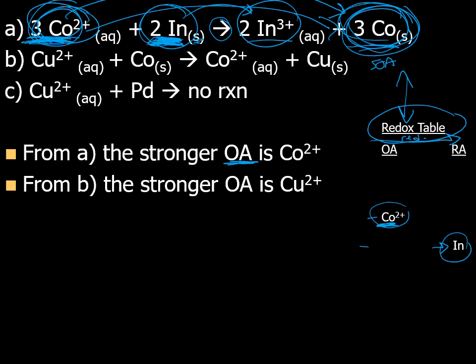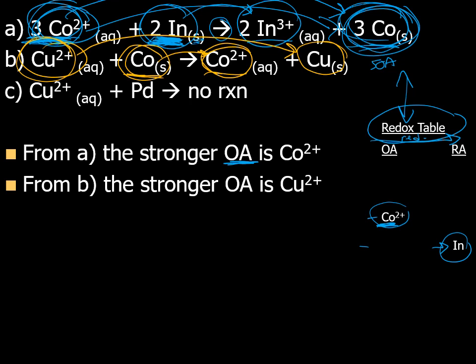From the next one, let's look at this copper 2+ and cobalt itself. You put them together, and it turns out that the copper will take the electrons, so the copper becomes an atom, and the cobalt that was an atom becomes a positive cation. So the cobalt has lost electrons, and the copper has gained electrons, which means copper is better at gaining electrons than cobalt is.